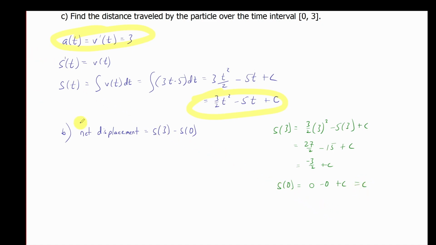So plugging these in, we have negative 3/2 plus c as s of 3, and s of 0 is just c. So we end up with negative 3/2.